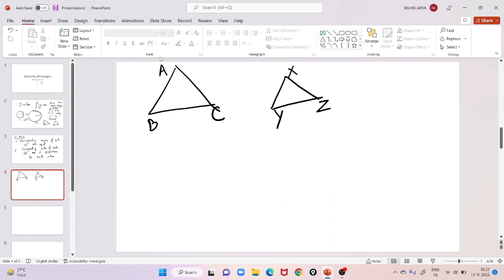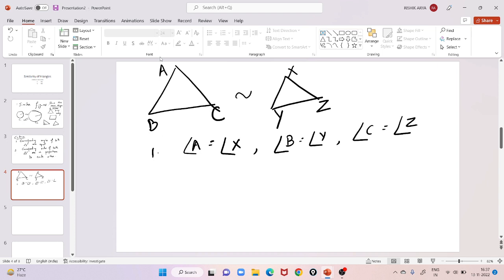So in these two triangles, triangle ABC will be similar to triangle XYZ. The condition is that the first one was that corresponding angles should be equal. What does it mean? It means that angle A should be equal to angle X. Angle B should be equal to angle Y. Angle C should be equal to angle Z.